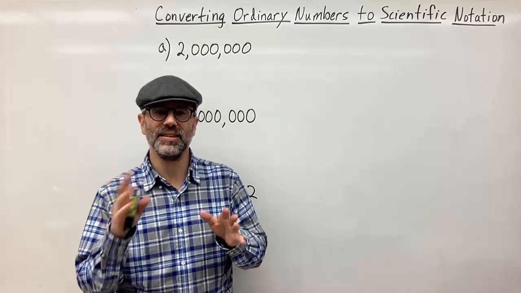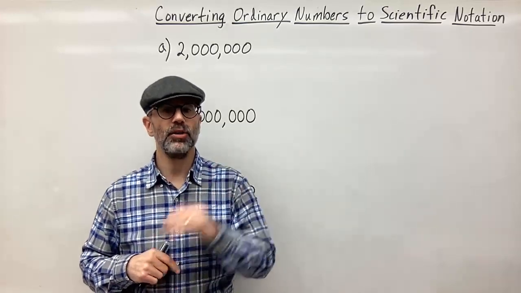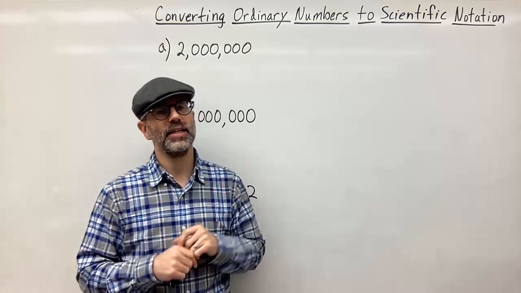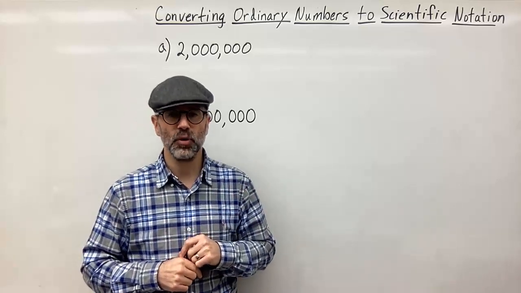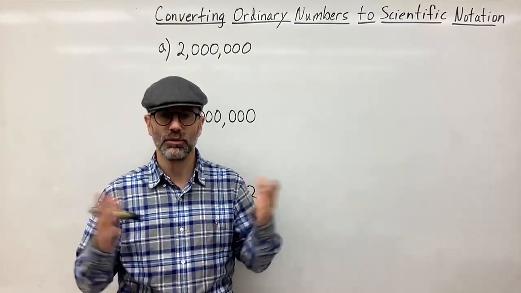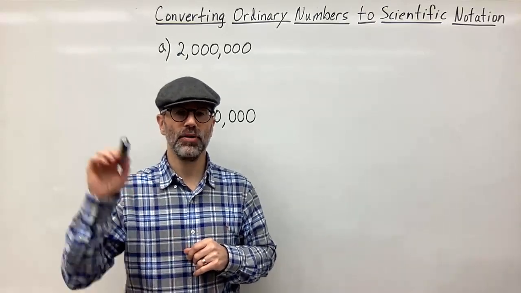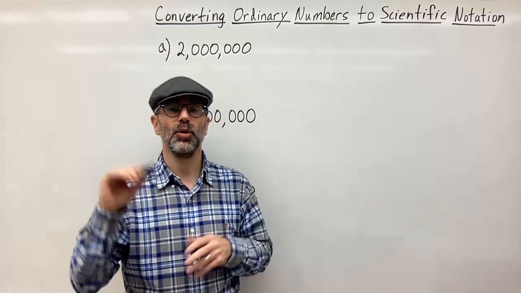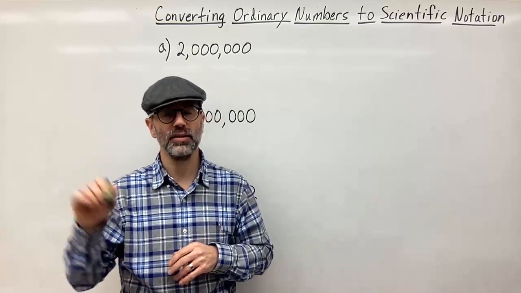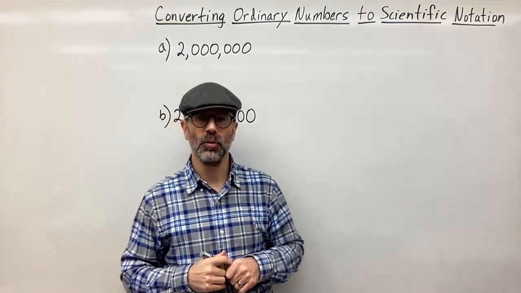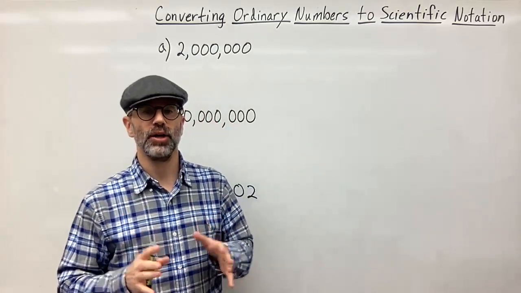What if it's less than 10 but greater than 1? In that case, you can write it in scientific notation, but the exponent on your 10 is going to be 0, because 10 raised to the power of 0 is 1. Any number raised to the power of 0 is 1. So basically, it's going to be the number multiplied by 1.